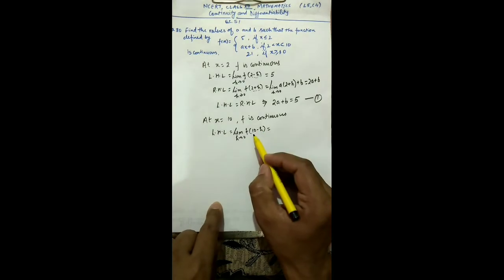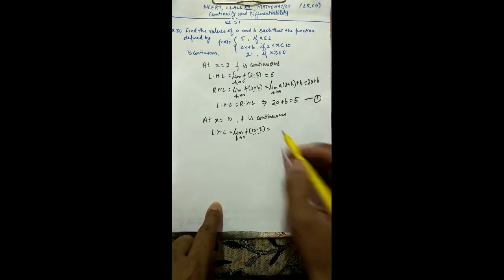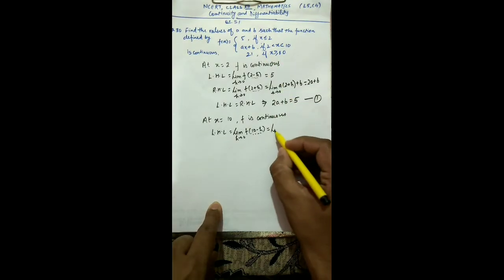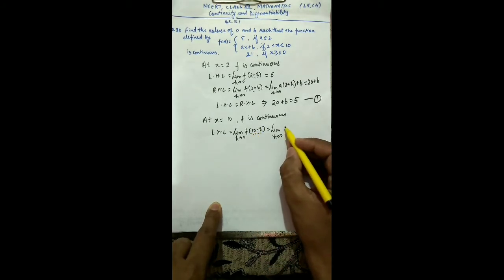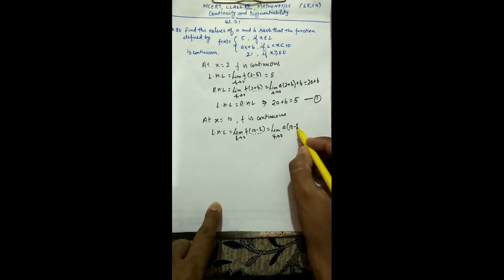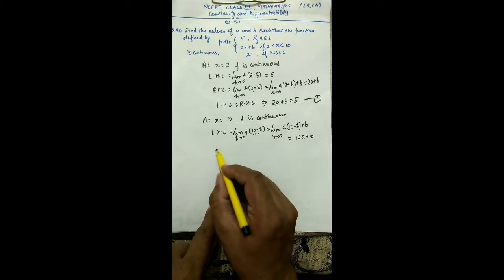Here 10 minus h is less than 10, so the value of the function will be ax plus b, with x replaced by 10 minus h. So this becomes a(10 minus h) plus b. After you put the value, you are going to get 10a plus b.